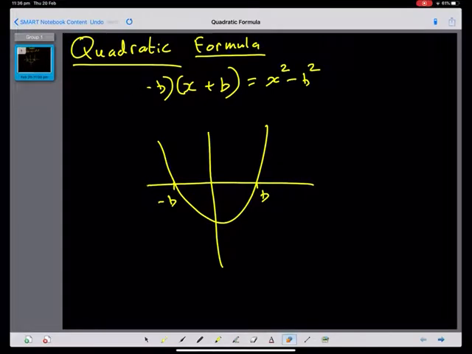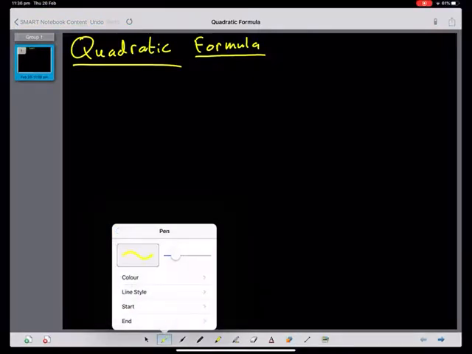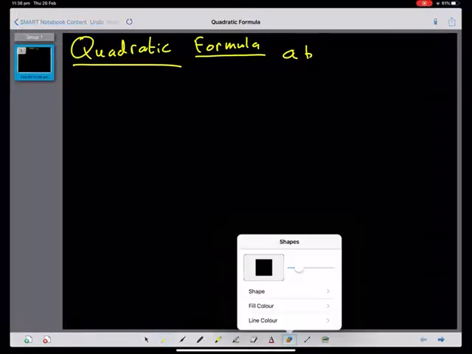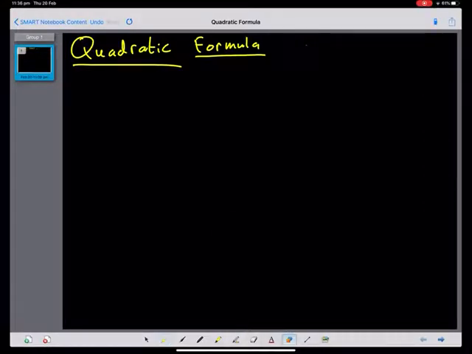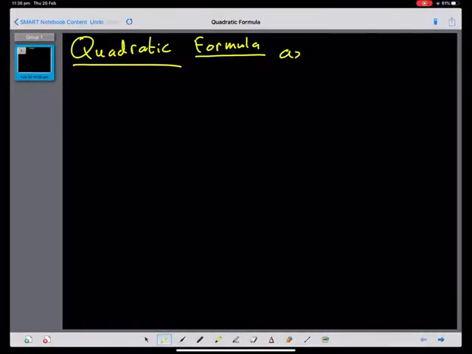Okay. So in order to complete the square, we need the leading coefficient to be 1. That is to say that the equation is monic. So the general form of a quadratic equation is ax squared plus bx plus c is equal to 0.